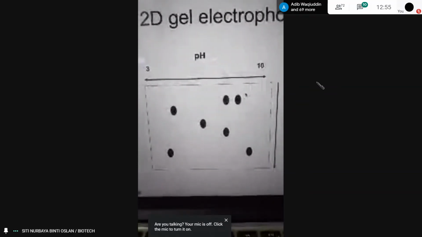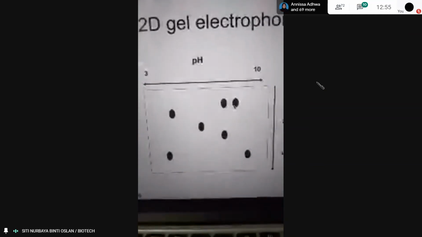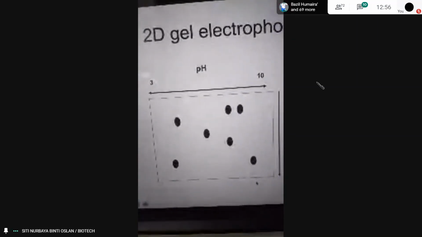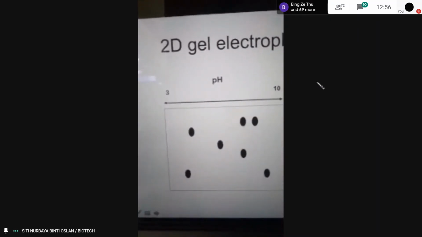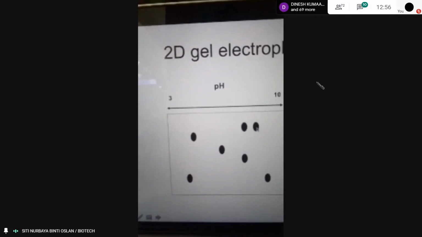If your native gel is positively charged, meaning that, for example, if this dot in native form is positive, it will not move to the end because this end is positive charge. It will just be there, not moving. If we have the SDS-PAGE, meaning that the protein is prepared to be denatured.